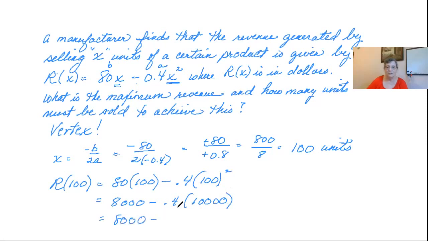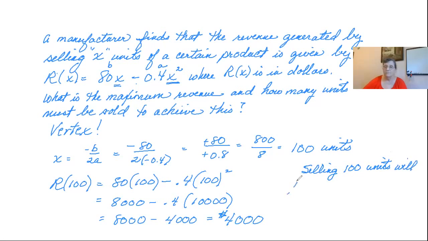So 8,000 minus 4,000 is 4,000. So selling 100 units will produce the maximum revenue of $4,000.